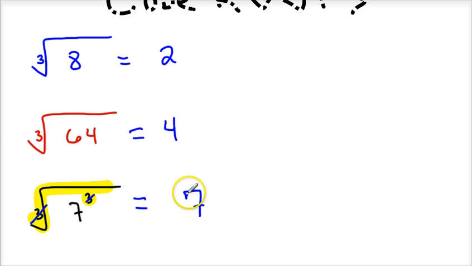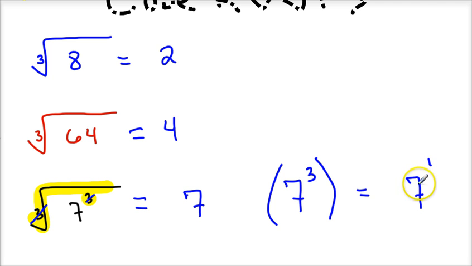So it's almost like multiplying by 2 and then multiplying by a half. If this is 7 to the 3rd, what power should I raise this to get an answer of 7 to the 1st?